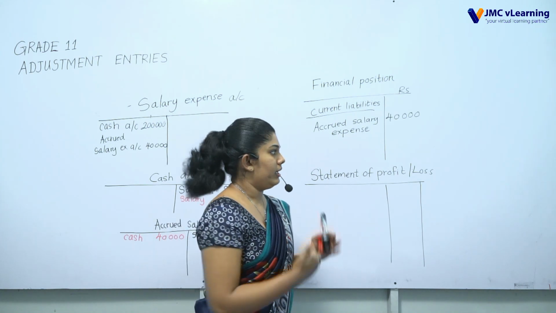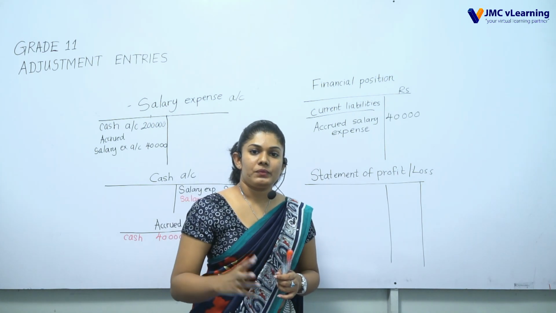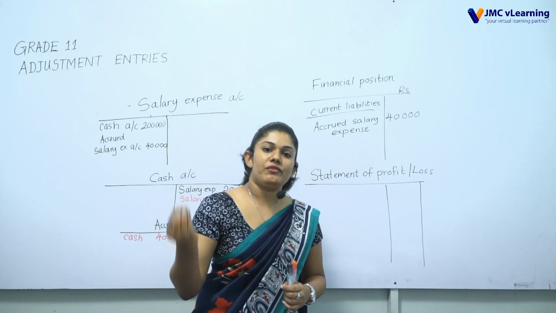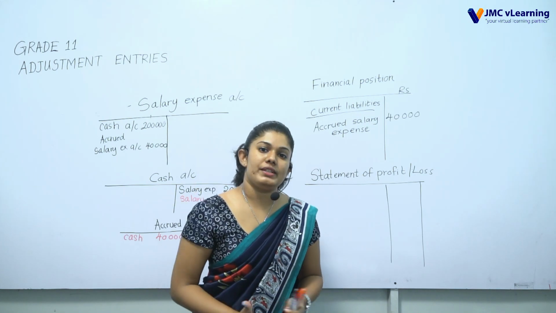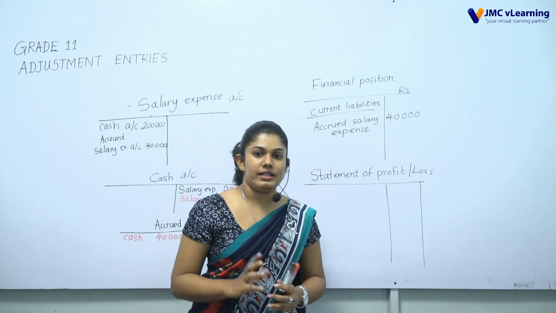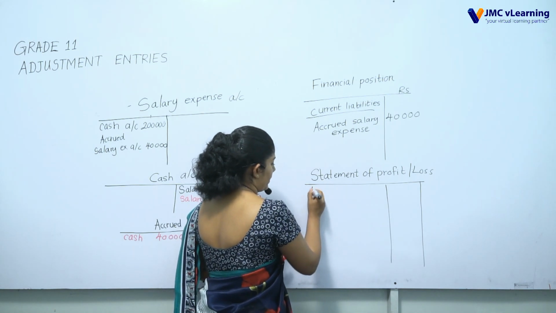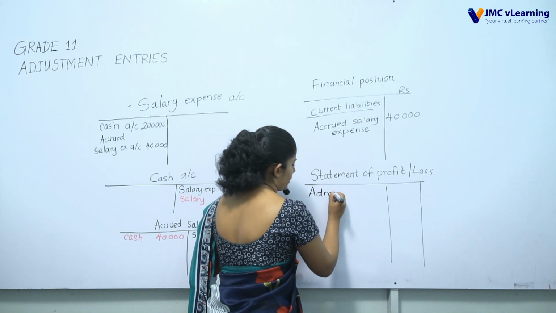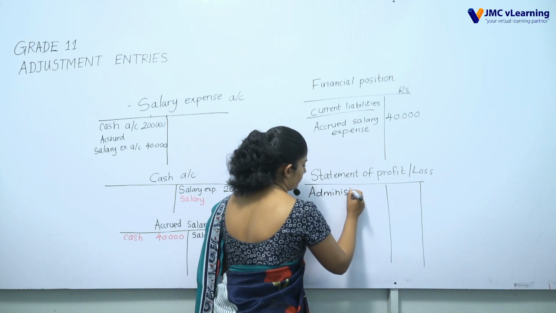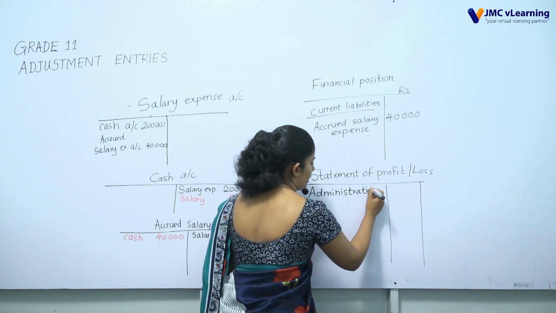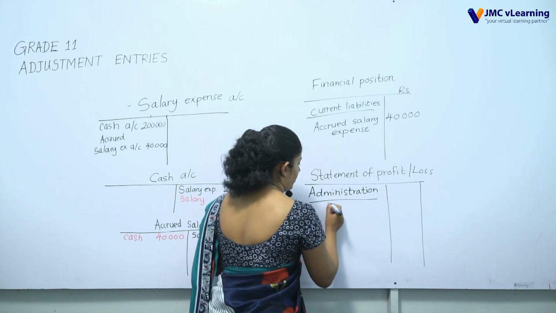Here, in this particular example, this employee is an office employee doing usual office work. He is not connected to sales. So, I am recording salary expense under administration expenses, salary.